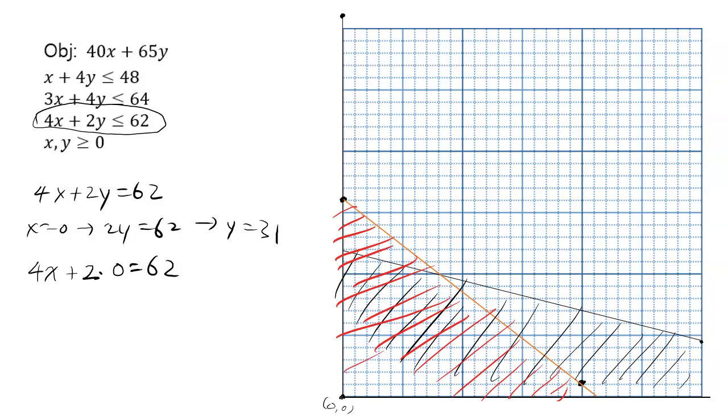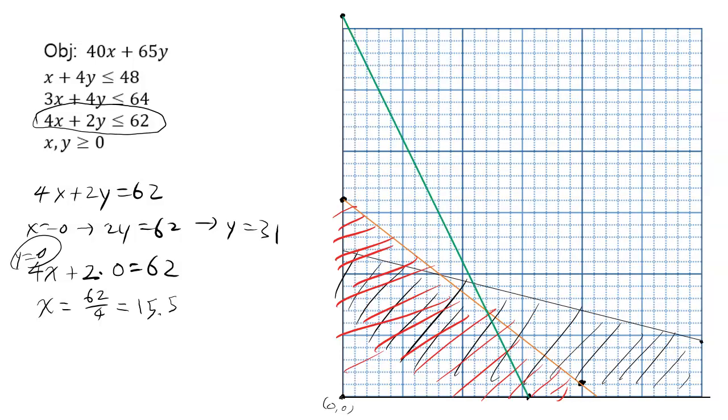So if you set y as 0, you get 4x + 2 times 0 = 62. Dividing by 4, you get 62 over 4, and using a calculator, you'll see that this is 15.5, this point right here. Now let's connect the two to get the line. There it is.